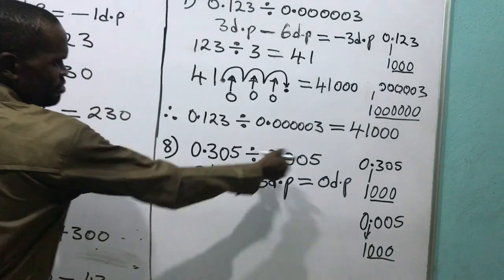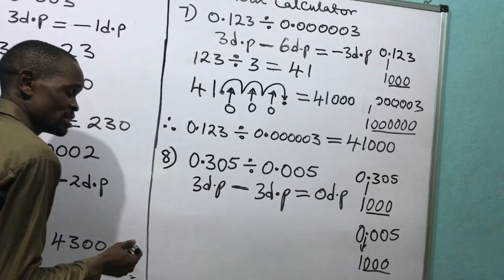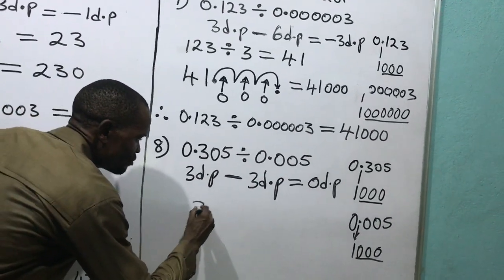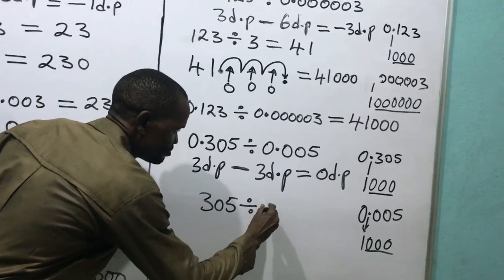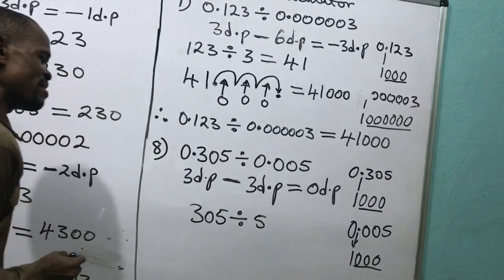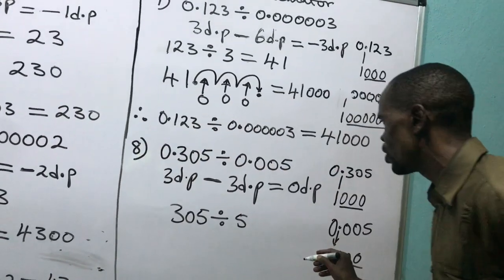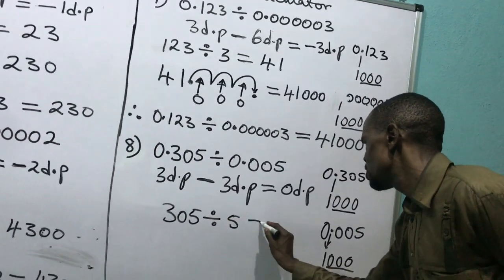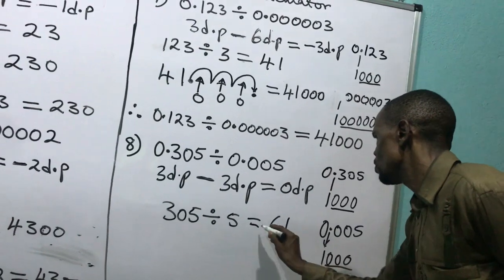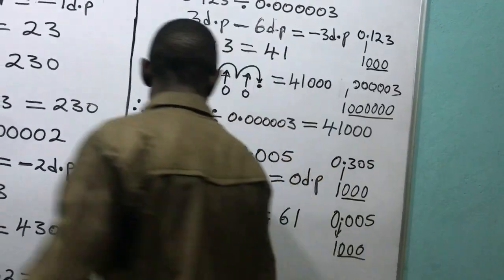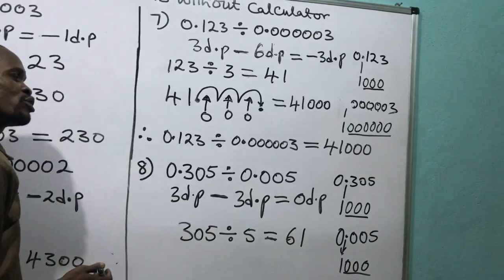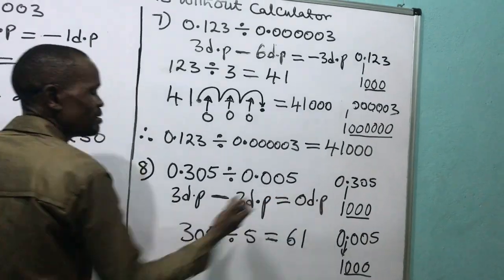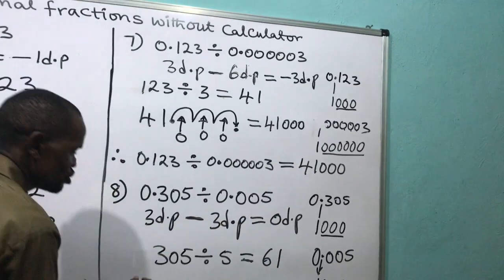Therefore, I'm going to divide this as if they are not decimal fractions. I'm going to have 305 divided by 5. 305 divided by 5 will give me 61. And since my decimal places is 0, there's nothing to return back.